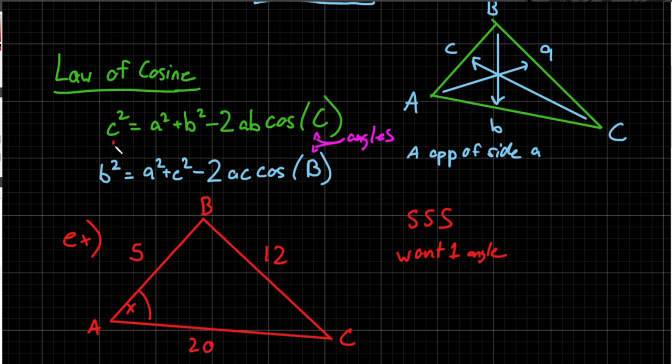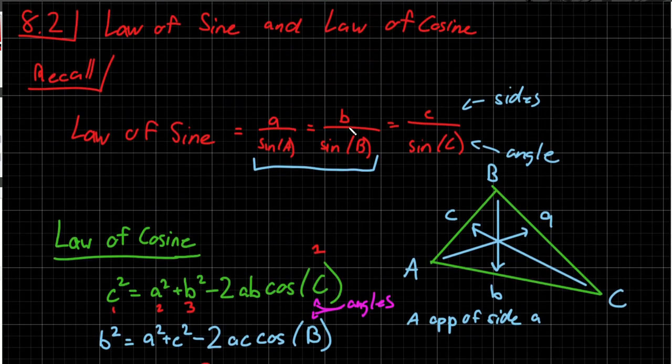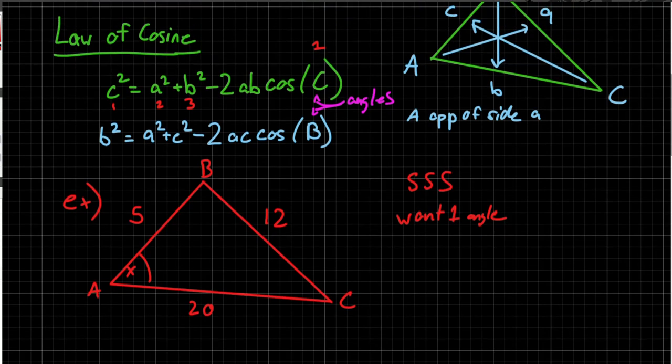I have one side, two sides, three sides, and one angle. If I look at law of sines, I need two sides and two angles. I know 0 angles. I cannot use law of sines. You can only use law of sines if you have at least one angle. So you need to use law of cosines.